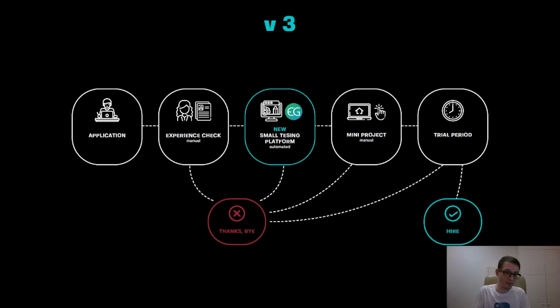Okay, anyway, we have this new platform. We start using it. We changed the tests somewhat because we realized 2 of the tests were too easy and they didn't actually reject anyone. So we did the check on paper and we've seen that if we remove this test or we gave everyone a pass on that particular task, it wouldn't matter.